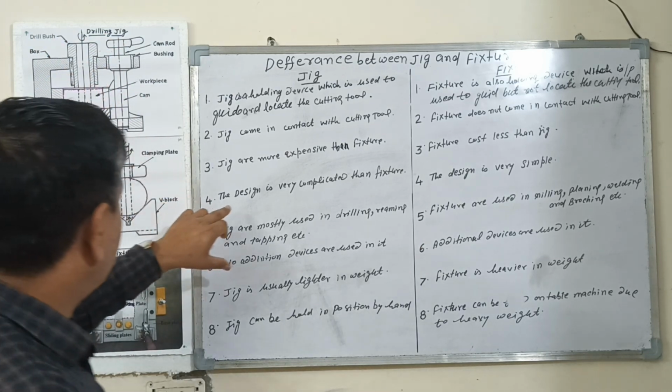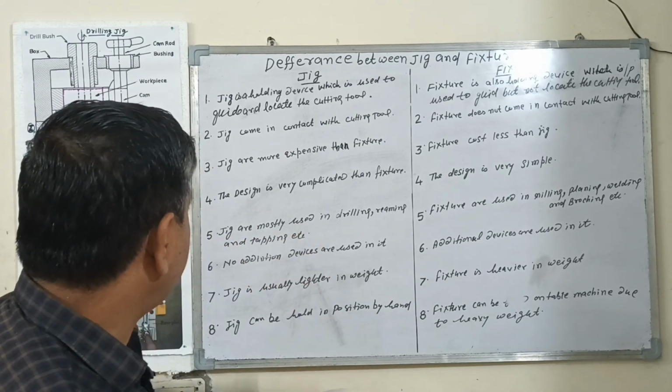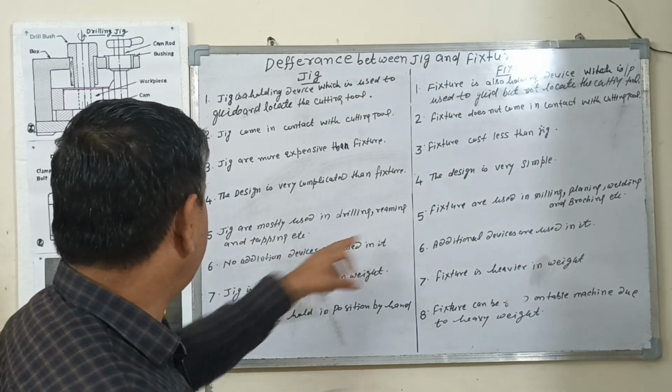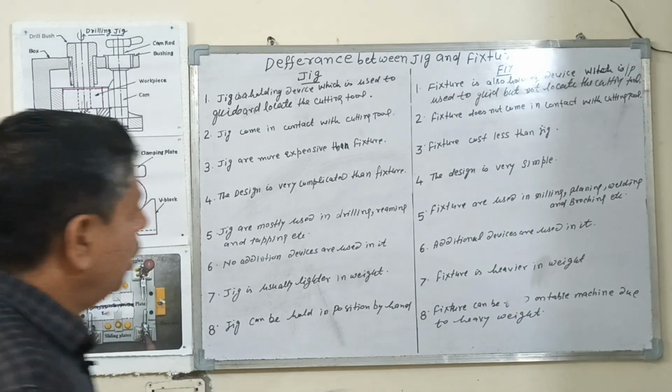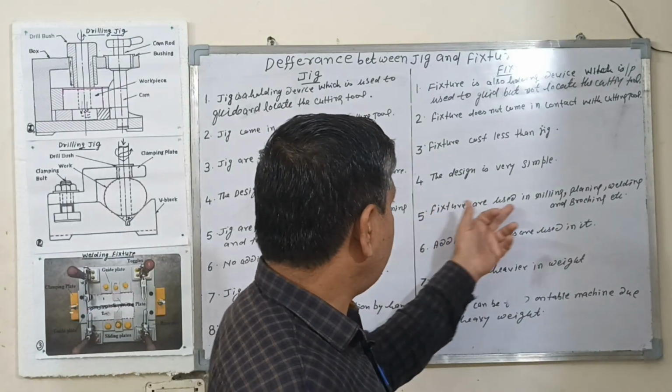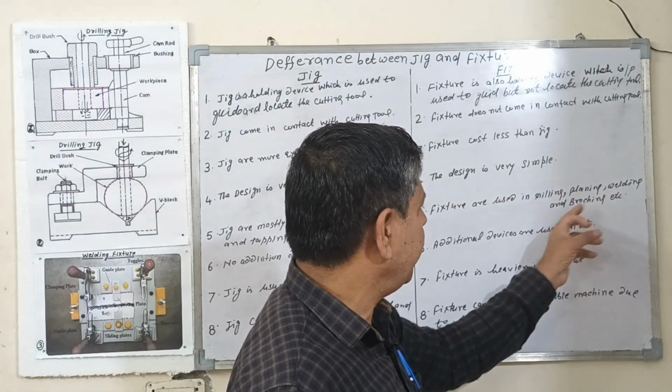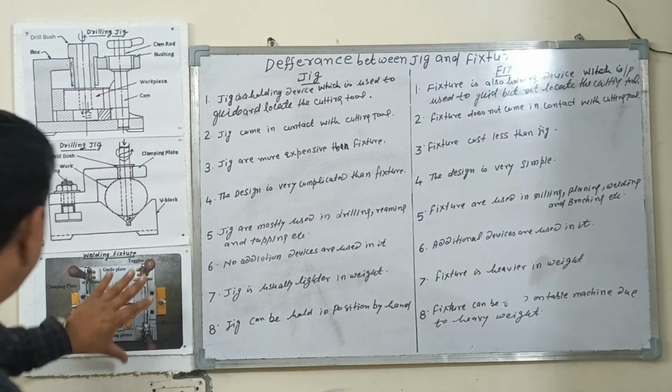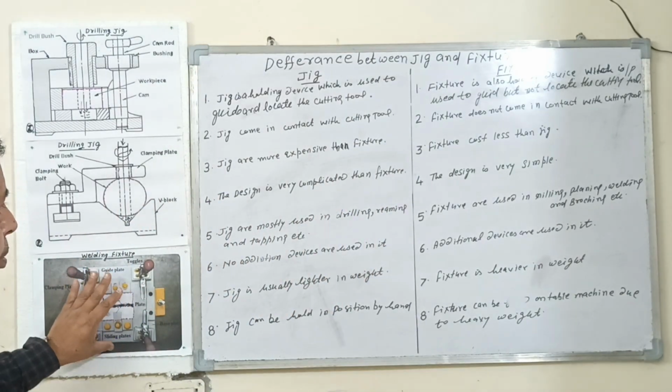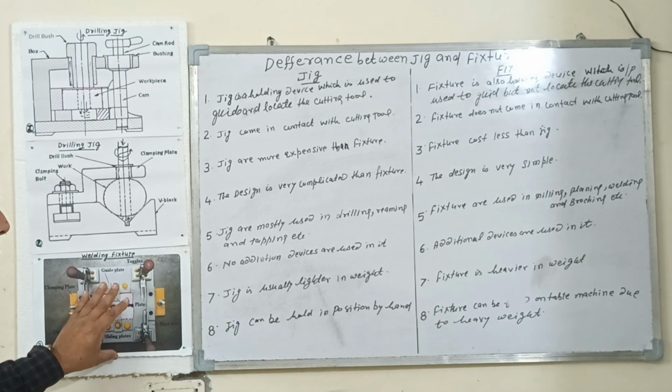These jigs are mostly used in drilling, reaming and tapping, etc. Fixtures are used in milling, planing, welding and broaching. Fixtures are generally used for milling, planing, welding and broaching purposes.